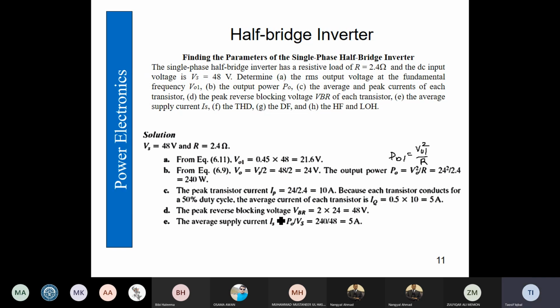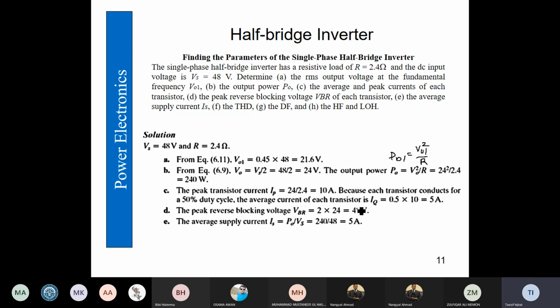The peak reverse blocking voltage is equal to the DC voltage. We have discussed that earlier, because when the upper switch is closed and the lower switch is open, then we will get the total DC voltage across the lower transistor.